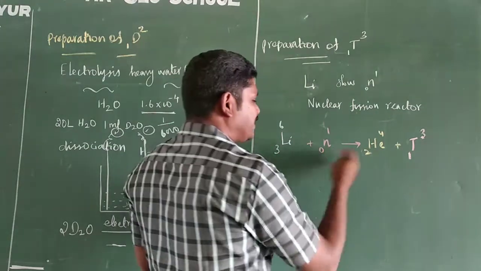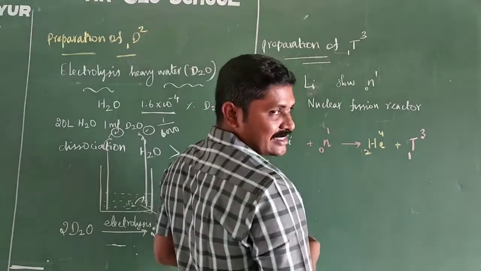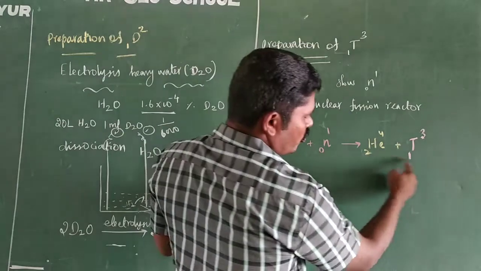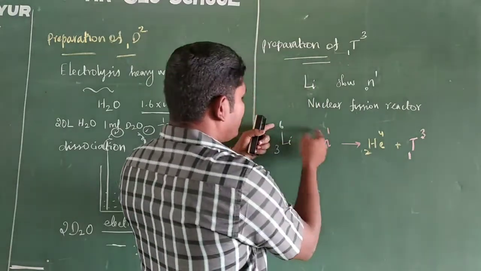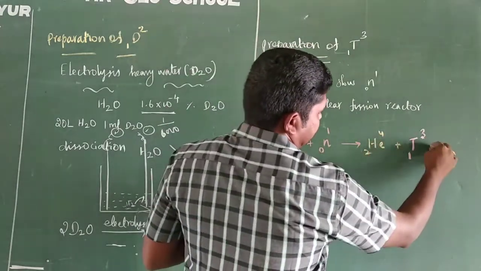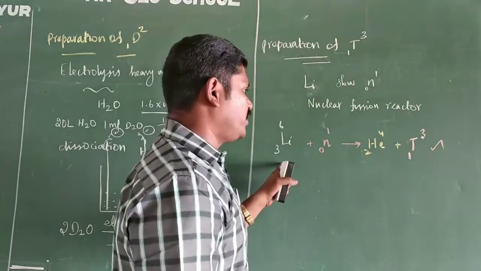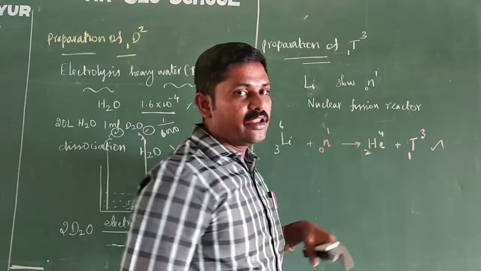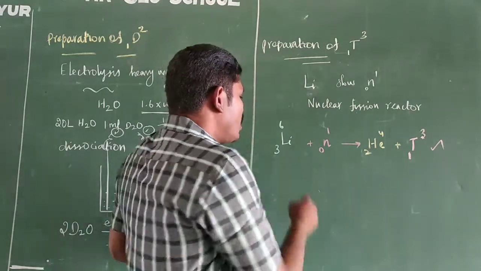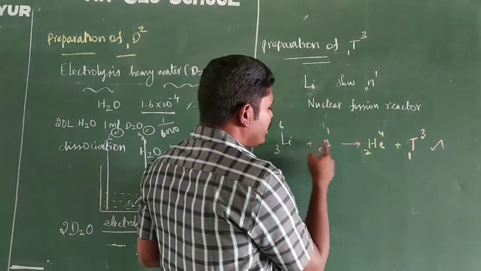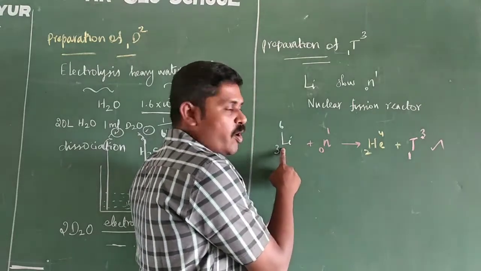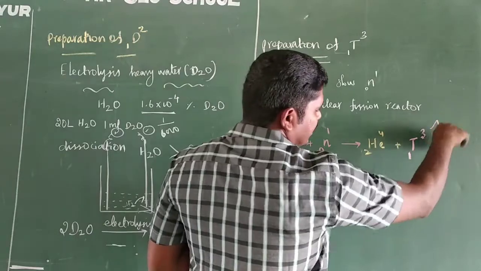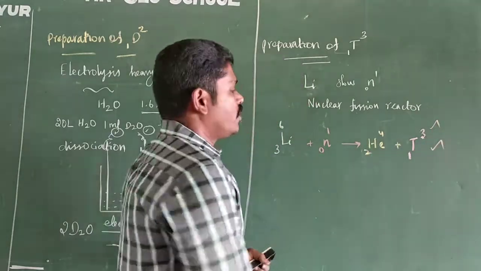The atomic number: 3, so 2 plus 1, 3. Mass number: 7, 4 plus 3, 7. It's an artificial preparation, a nuclear fission reaction. So lithium is bombarded with a neutron to give tritium and helium.